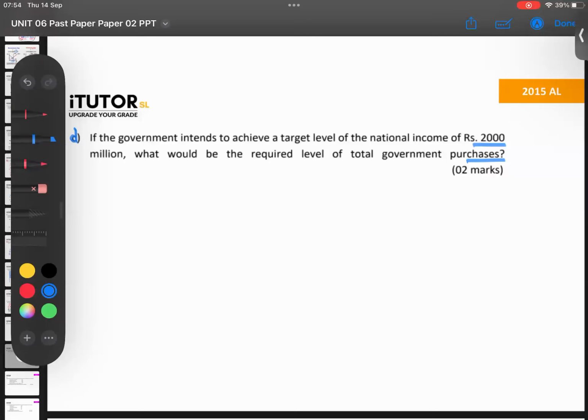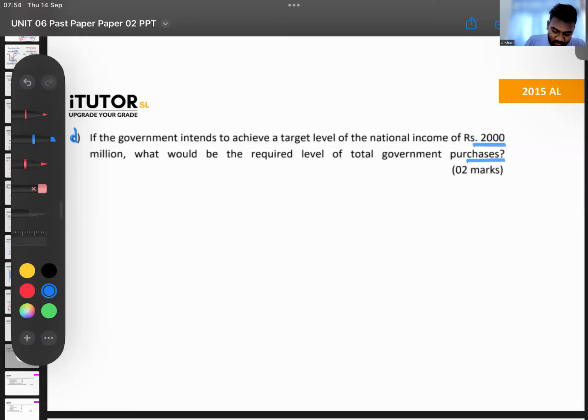Can someone check and let me know where the past paper answer started from? Are they talking about 1250 going to 2000 or 1750 going to 2000? Just check and let me know. I'll explain both ways, but you have to get the same answer. Okay, we'll take 1250 to start with.